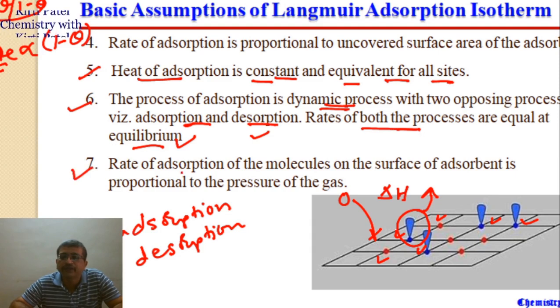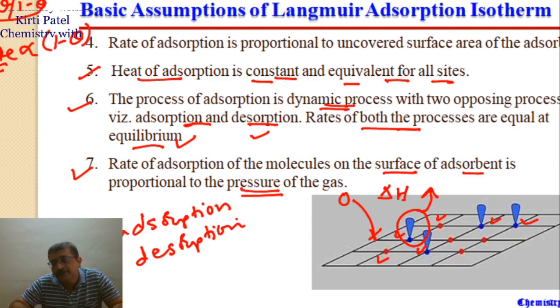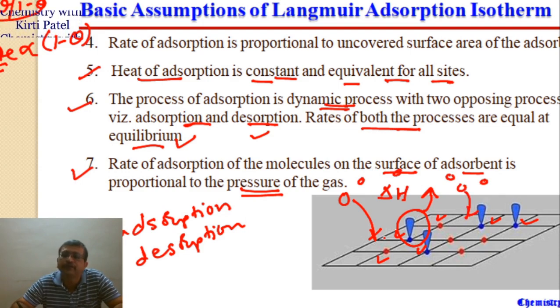The seventh assumption is that the rate of adsorption of the molecules on the surface of the adsorbent is proportional to the pressure of the gas. That is, if higher pressure is there, more molecules are present in the atmosphere near the vicinity of the surface, so there is more chance of them getting adsorbed on the empty sites.